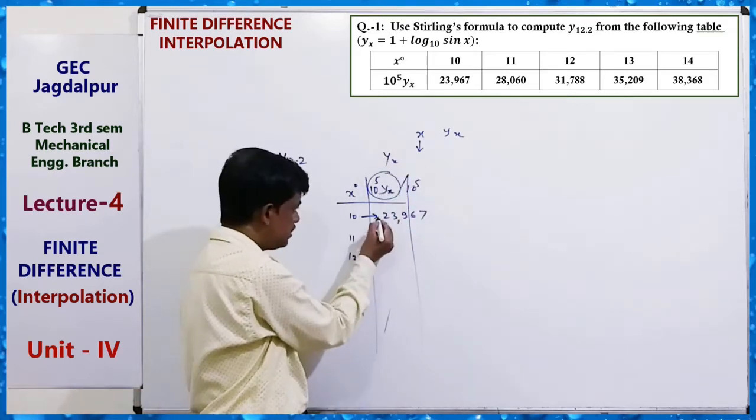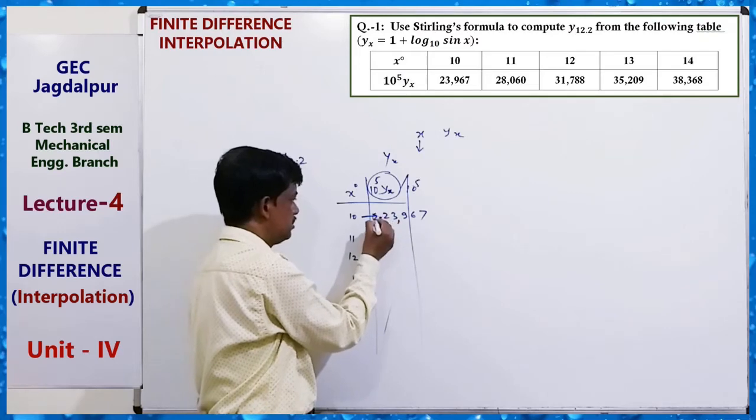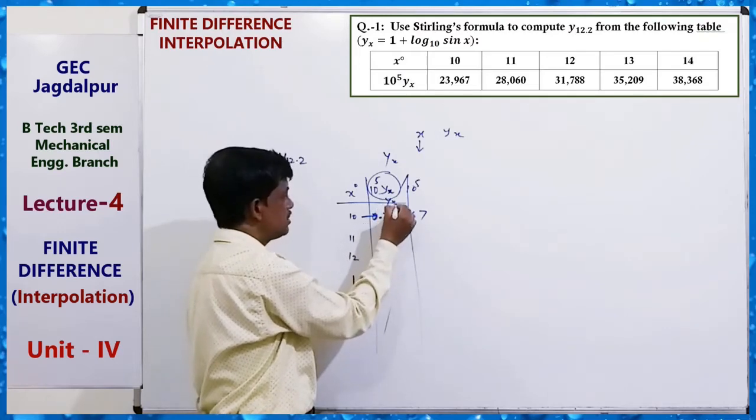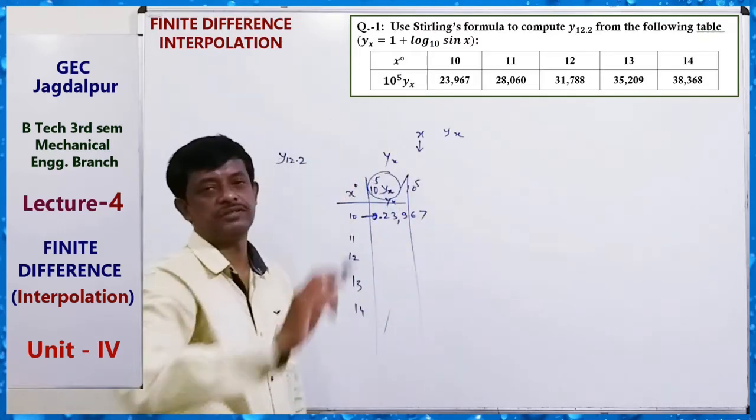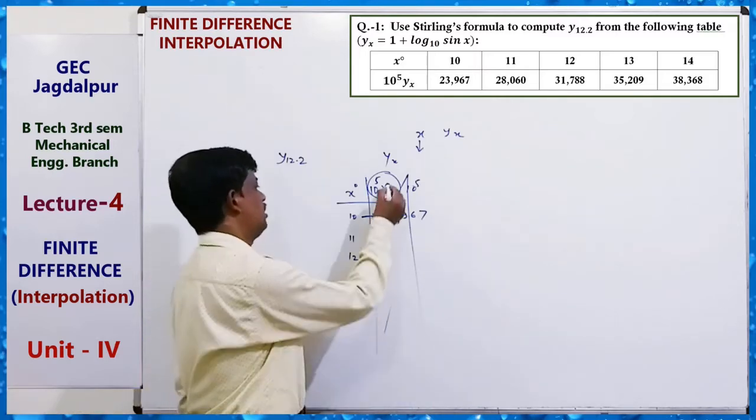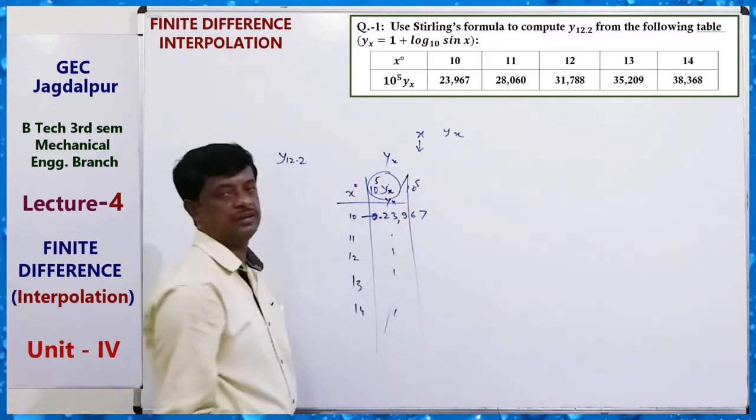So we take the value of yx as 0.23967. Just write the yx in the table.